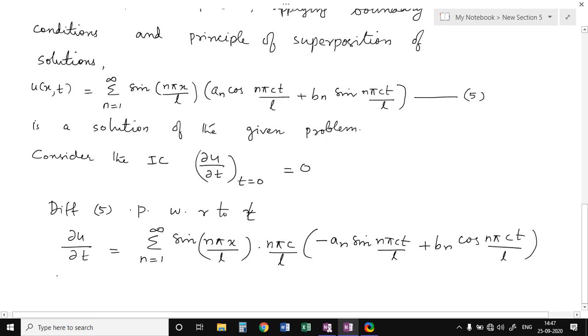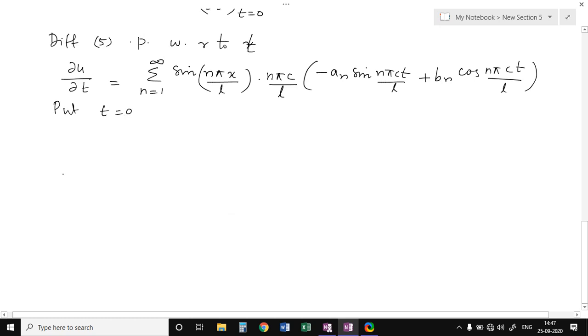So now in this equation we put t equal to 0. When you substitute t equal to 0, ∂u/∂t is 0, that is our initial condition. So 0 equals summation n varies from 1 to infinity sin(nπx/L) nπc/L. Here sin 0 is 0.